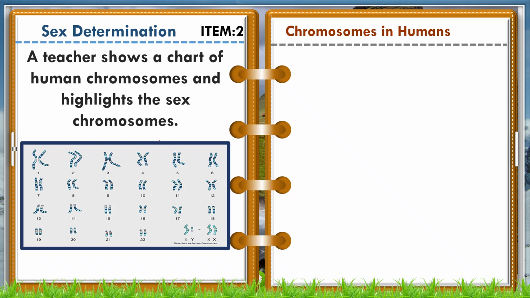Here we have our diagram of the human chromosomes, the 23 pairs of chromosomes.